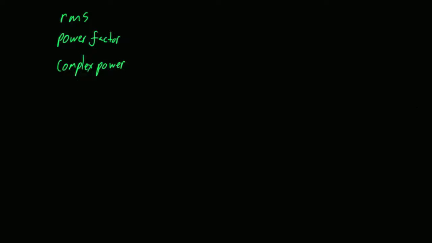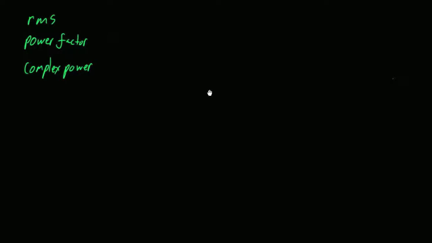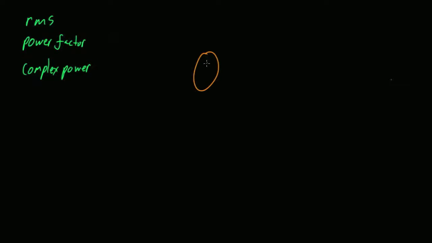So let's start briefly with this. The name of the game we've been playing is, we have a power supply, and we're driving an impedance, and we've been trying to calculate what's going on power-wise in the impedance.